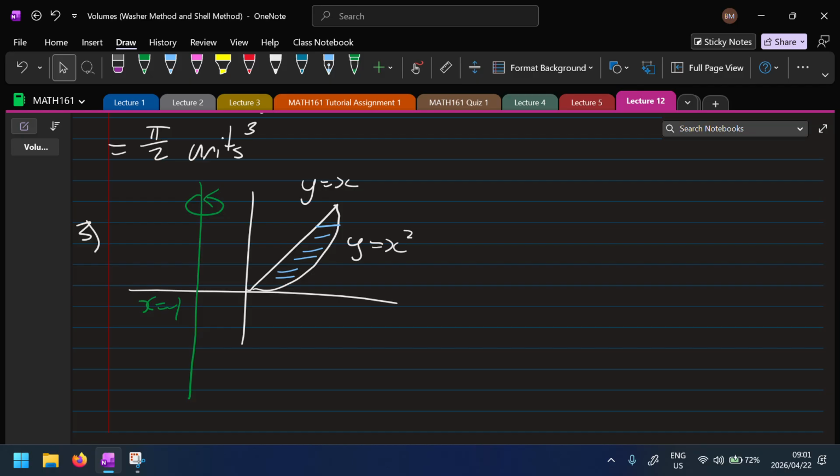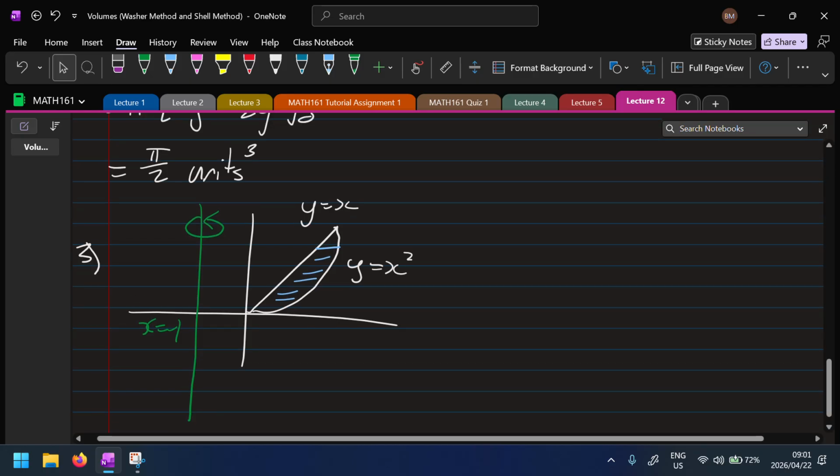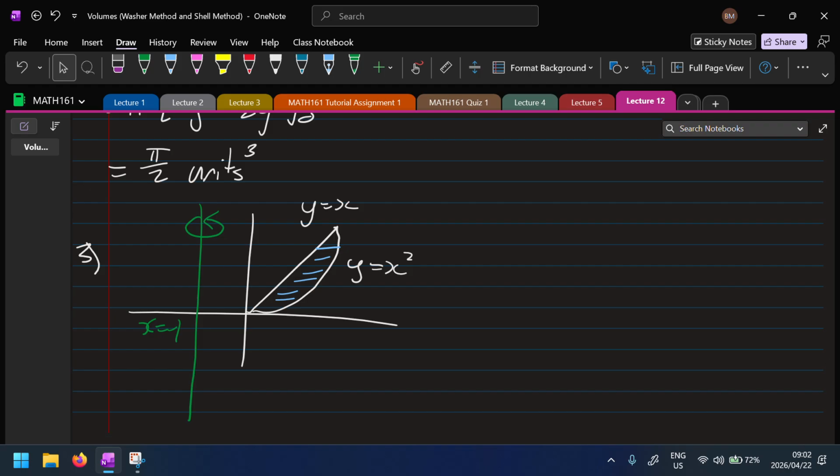So we're going to draw the two radii and then work out what that's going to be. Let's do the inner radius first. That will be from the axis to y equals x, because that's the smaller distance. So that's r in. What about r out? That will be from the axis to y equals x squared.